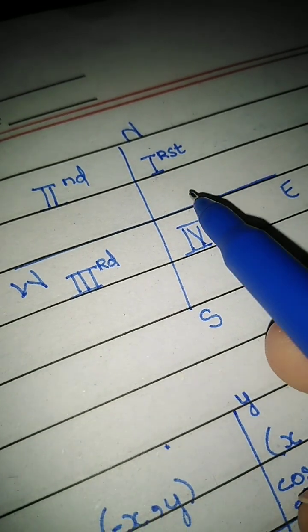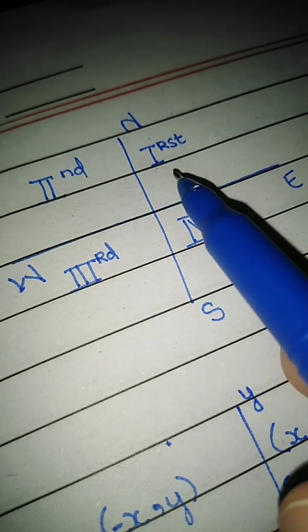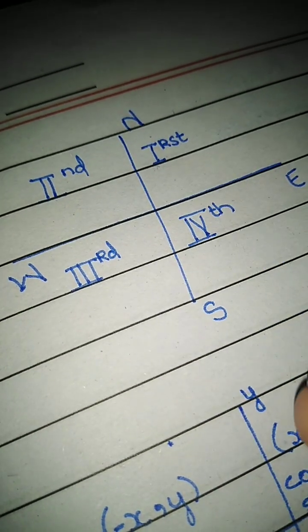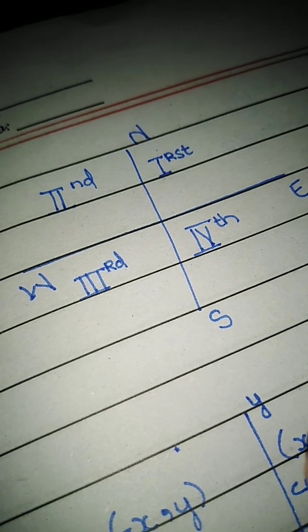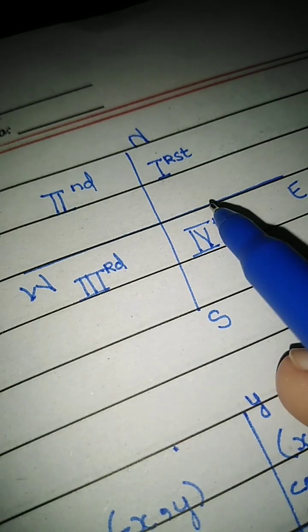Now there are quadrants given to this plane, and we're going to talk about the quadrants. The negative or positive sign of cos theta and sin theta is related to the quadrants of the plane. There are some degrees in these quadrants.